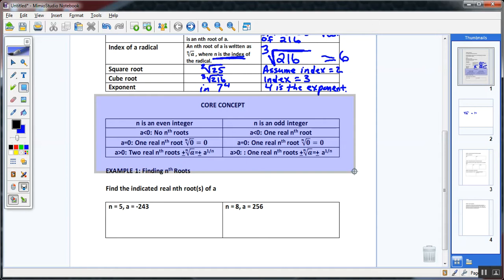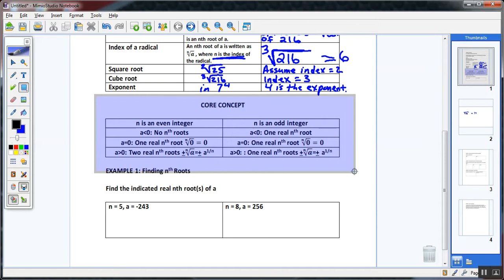It says if a is less than what? 0, then there is no nth root, given that the integer is what kind of number? Even. If a is less than 0 when an integer is odd, it says that there's going to be what? 1 real nth root. And we'll come back to this table and we'll make some conjectures about some of the things we're about to look at.